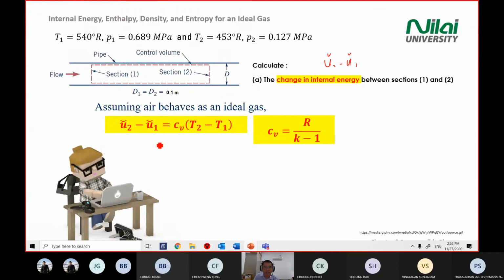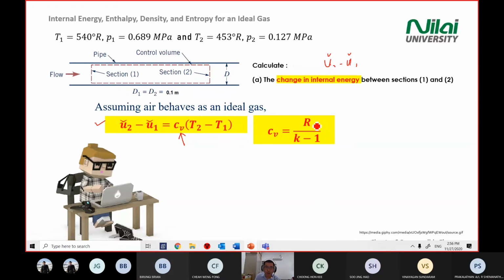So we find the equation: the change of internal energy equals CV times the change of temperature, T2 minus T1. You already know this equation, so pull it out based on what the question asks. Then recall the CV definition: CV equals R divided by K minus 1. It's just like Lego, you plug in.